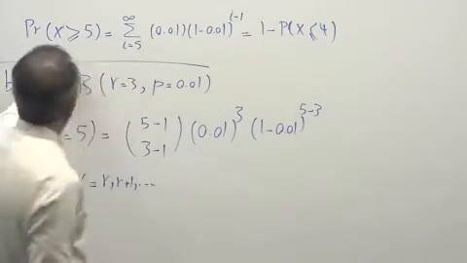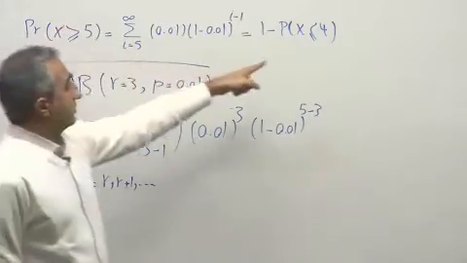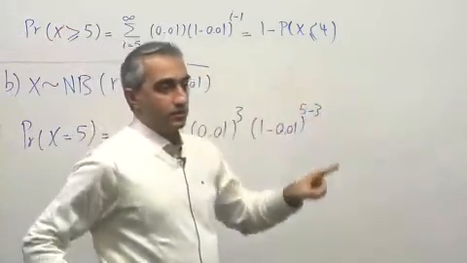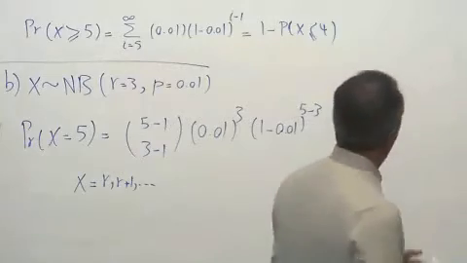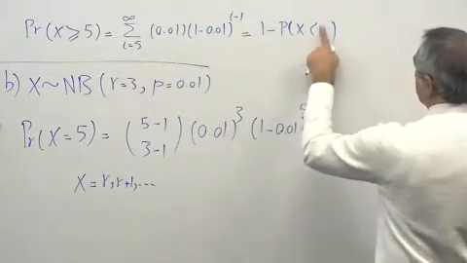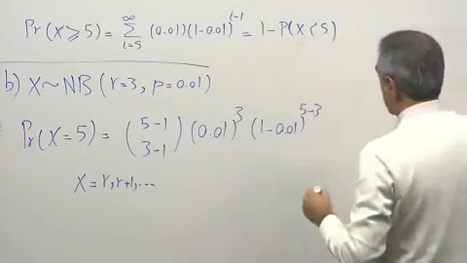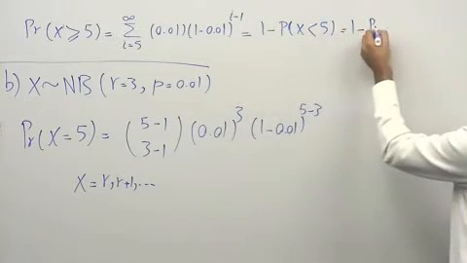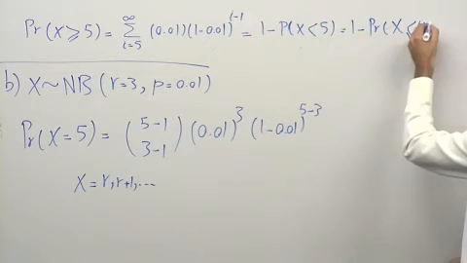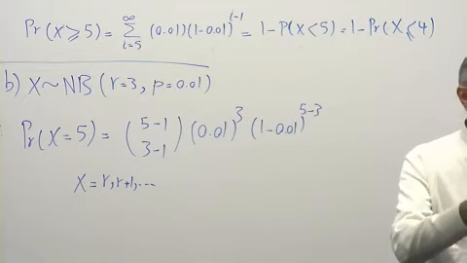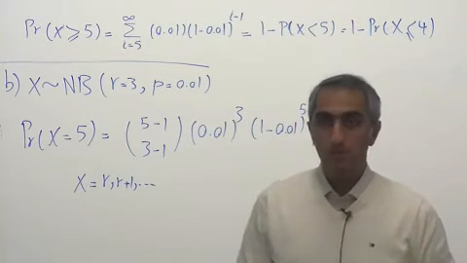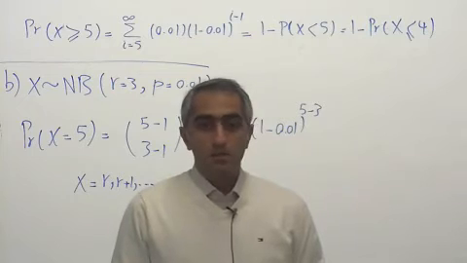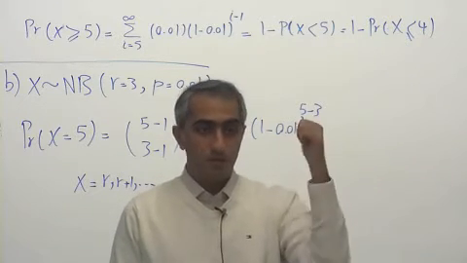Because it's greater than or equal to 5, the complement should be less than 5, which is the same as the probability of X less than or equal to 4, because it's a discrete distribution. Any other questions? Thank you for catching this.